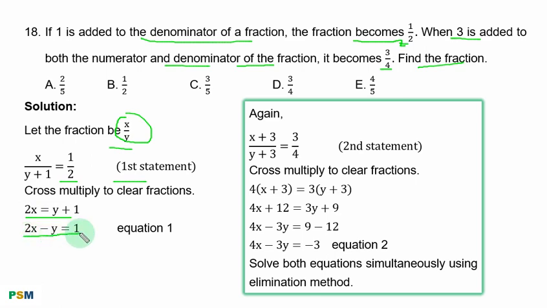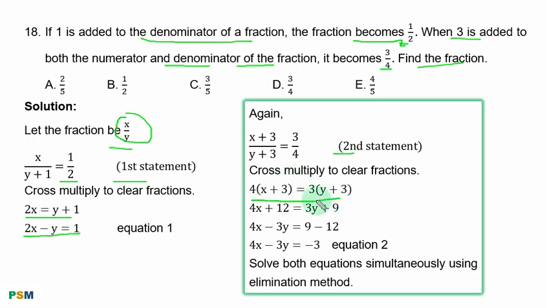Equation 2. The same fraction, when you add 3 to both numerator and denominator, the fraction becomes 3/4. That is s plus 3 over y plus 3 equal to 3/4. Second statement. Cross multiply to clear fractions.